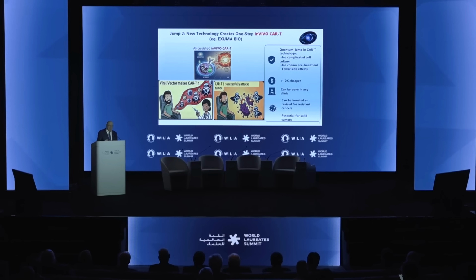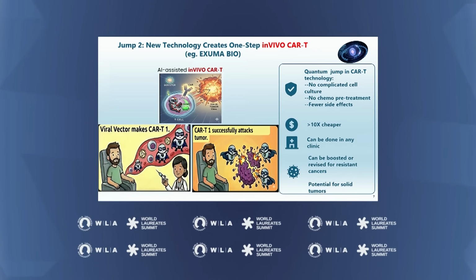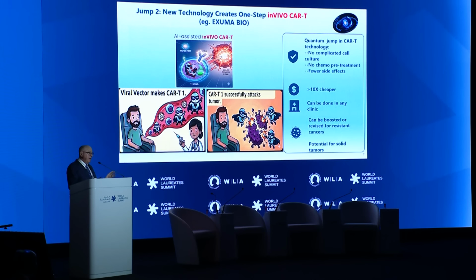However, in the last couple of years, maybe only the last year, several laboratories, and especially one that I'm more familiar with at Exuma Bio, which has its offices in West Palm Beach, have been very successful at creating a new way to make CAR T cells.